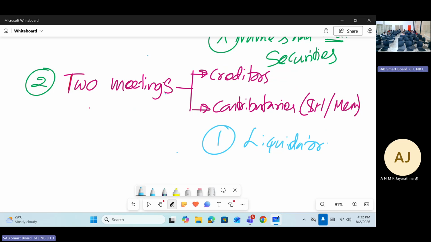And the second one is to decide the committee. After the winding up order, a committee is appointed. This committee is named the Committee of Inspection.